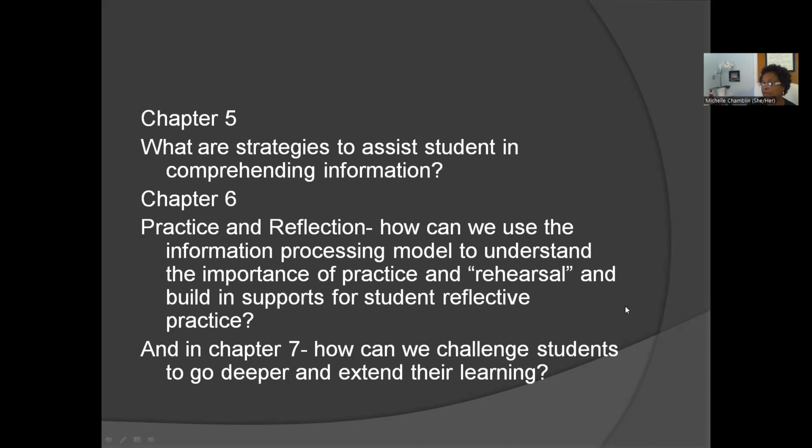So rehearsal, you know that word in a colloquial way, but in this body of research, what do we know about rehearsal? There's a lot that we also know about rehearsal in students with disabilities who this part does not happen. And it's important that we know it doesn't happen because we have to build it in. We have to build it in our practice so that they do that.